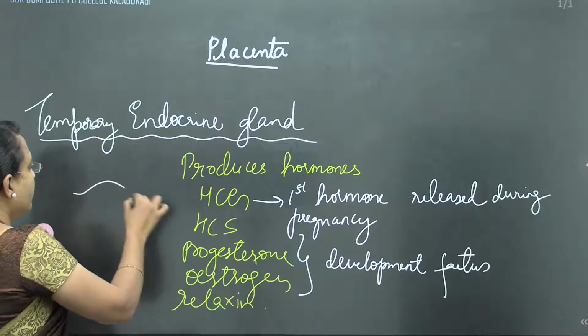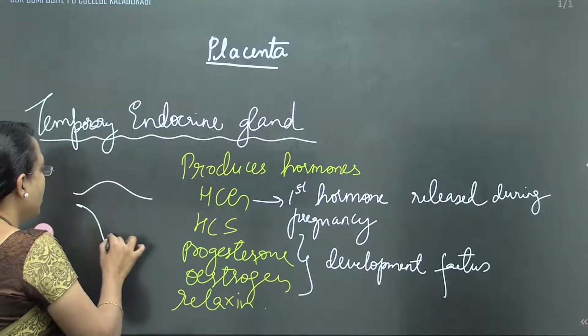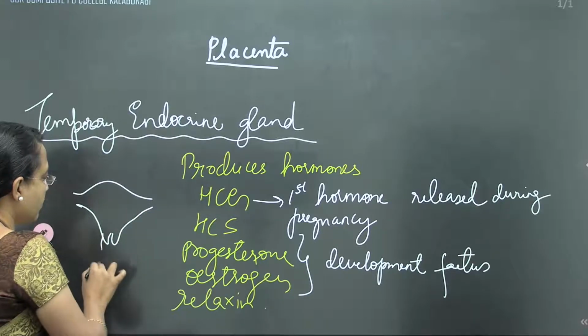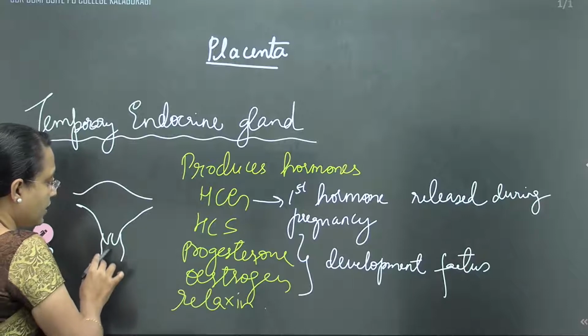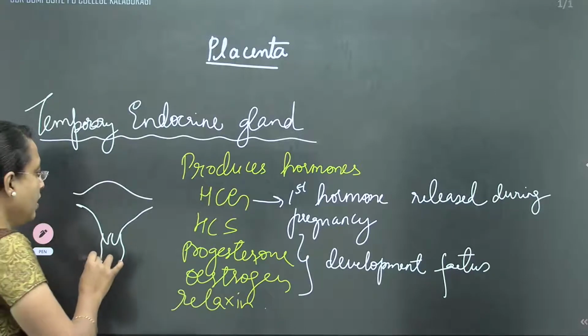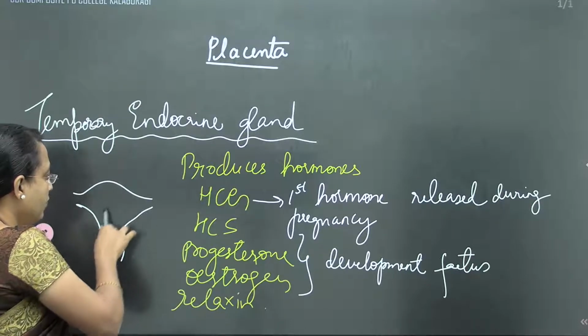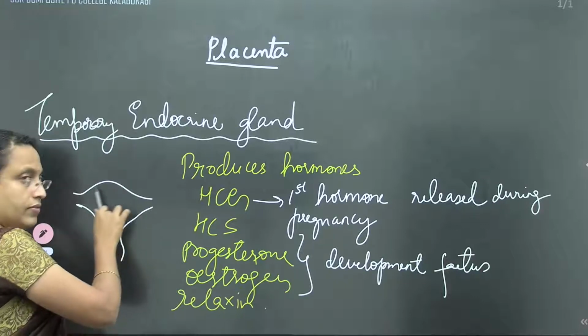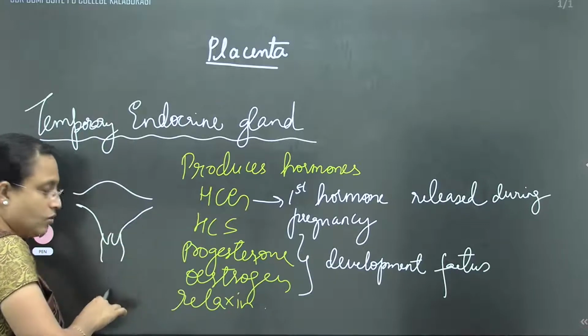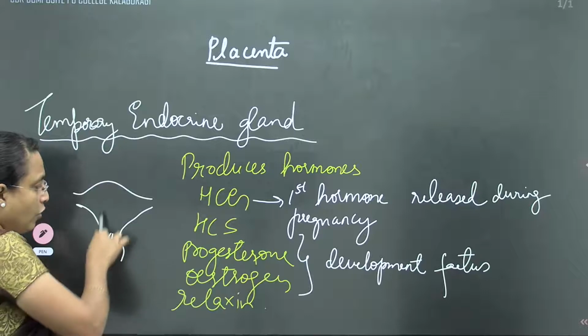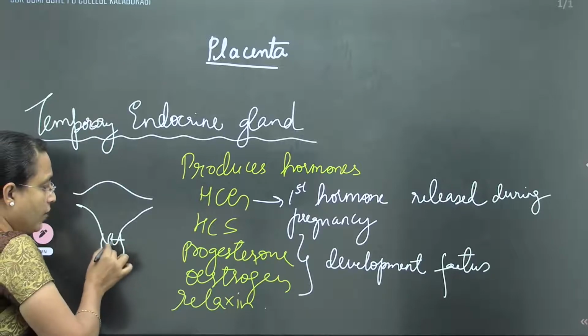So you'll know in the female reproductive system, the lower part of the uterus is called the cervix, and the cervix and the birth canal together are called the birth canal. When the fully developed fetus is ejected outside, that's called parturition. For parturition to occur, the cervix should widen.